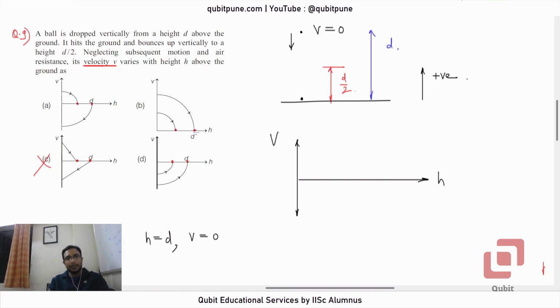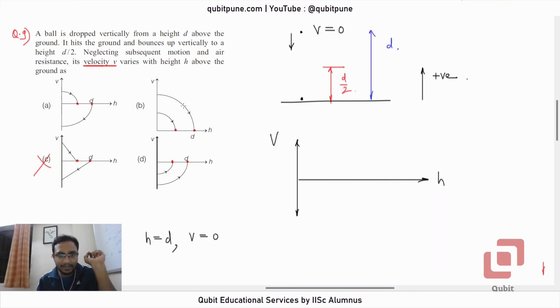Now look at b. Is this arrow indicating the correct trajectory of the ball in terms of velocity and height variation? That's not right. Because initially when it is dropped, first of all, velocity has to be negative, and secondly, it decreases with height.